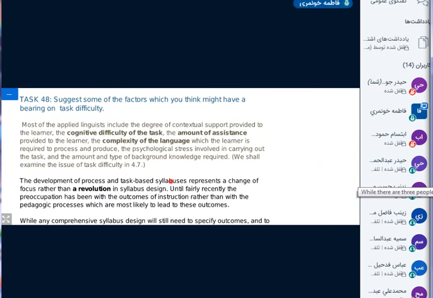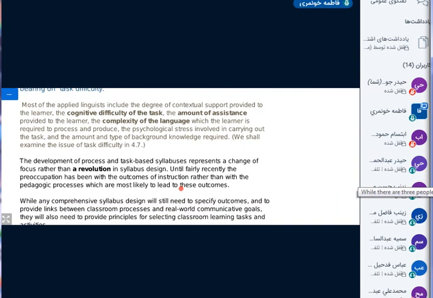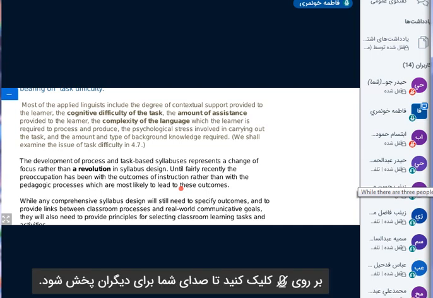Yes, this task which we are going to discuss right now wants us to suggest some of the factors that we might think might have a bearing, might have an influence on task difficulty. If you take a look at what I have included here, it says that for a task to be easy for the learners or difficult to do, a lot of factors can be influential.